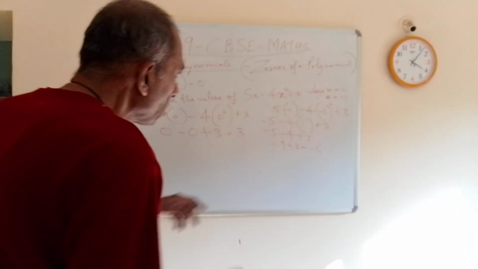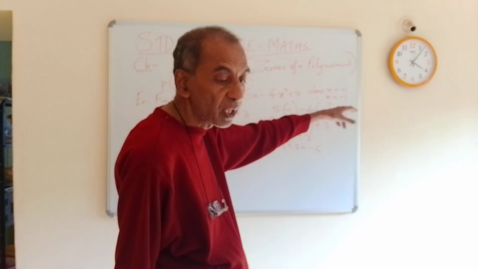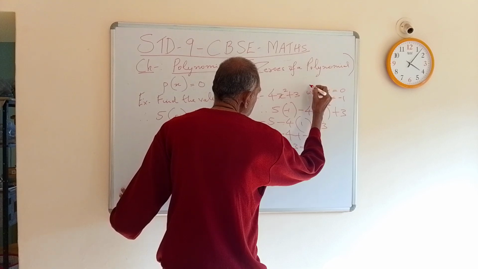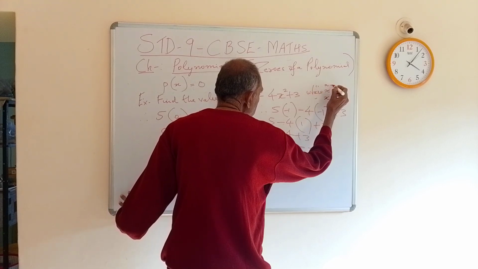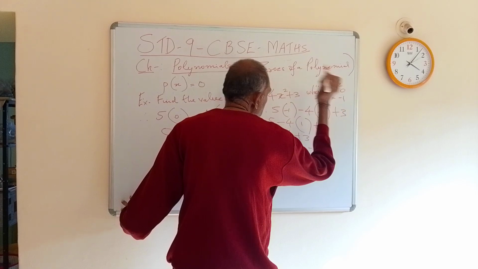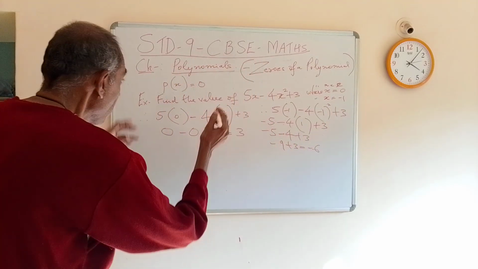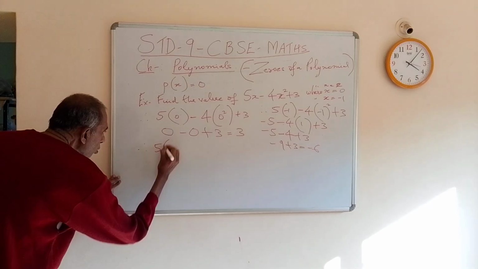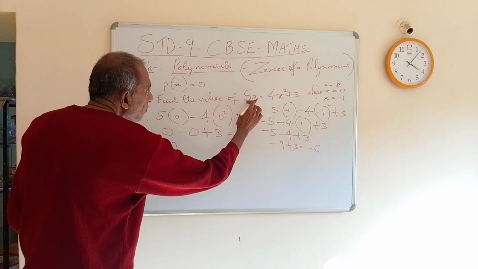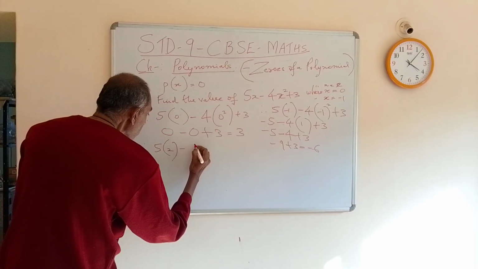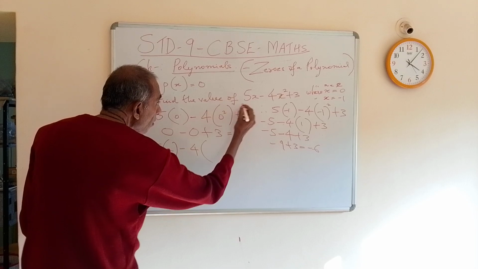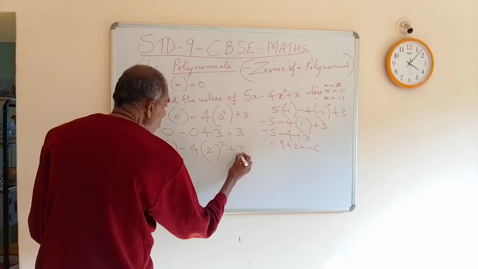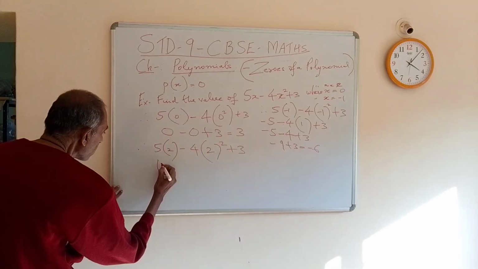Now we'll take again the value of x to be, say, 2. Same expression, wherein x is equal to 2. So 5 into 2, minus 4 into x square, that is 2 square, plus 3. 5 into 2 is 10.